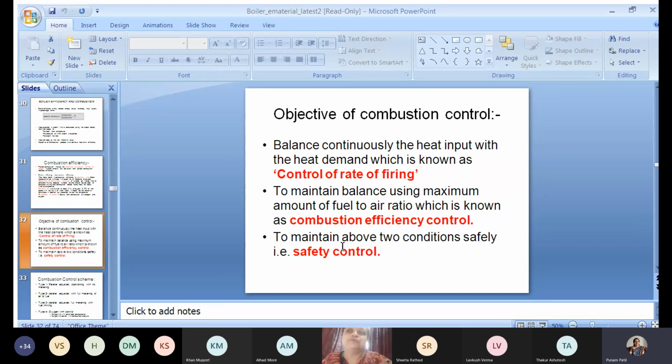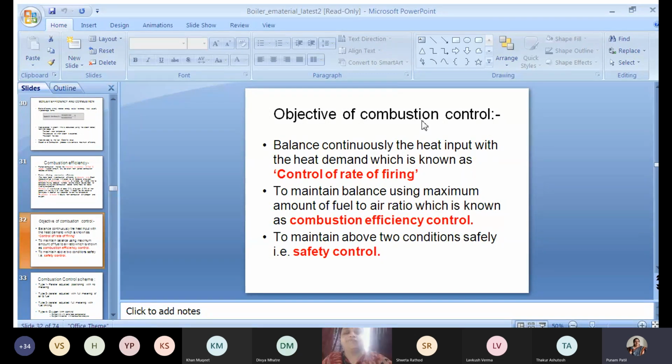Next is objective of combustion control. So what we studied: combustion efficiency क्या है, factors क्या affect करते हैं. Now the next thing is combustion control करना है तो उसके objective क्या है. First is control the rate of firing. Second, combustion efficiency control, and third, safety control. Control the rate of firing. Combustion किस चीज पे डिपेंड है?